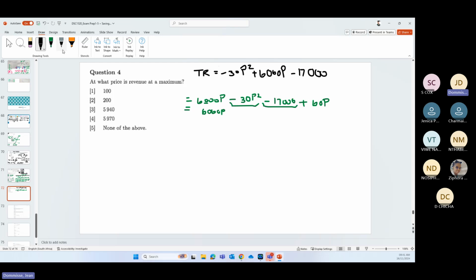And so that is how the original one looked. So what now? How will we work out what is that revenue at the maximum?